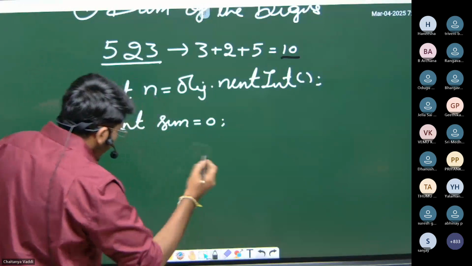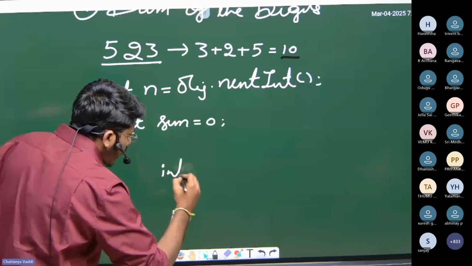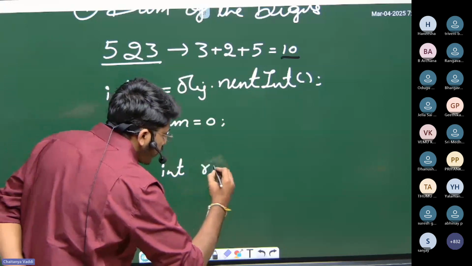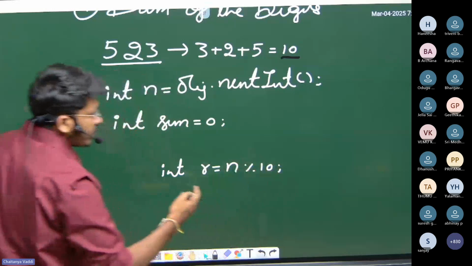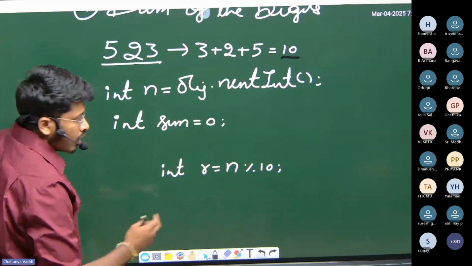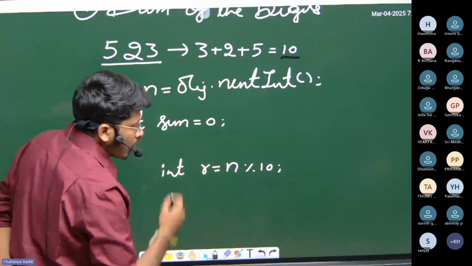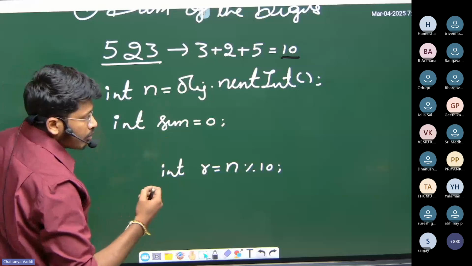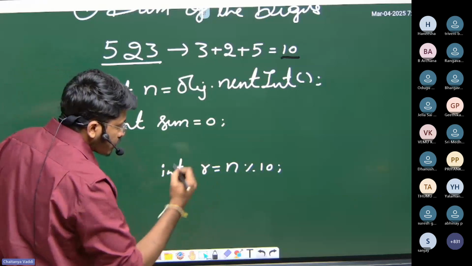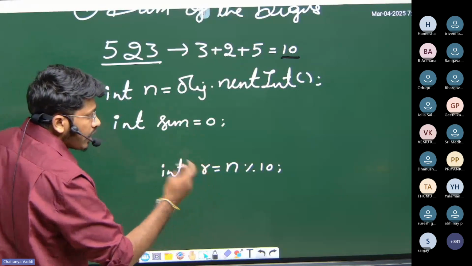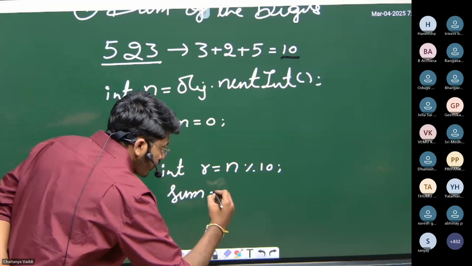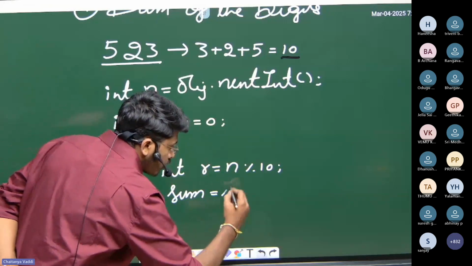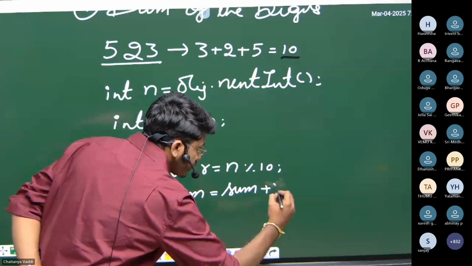Next, I'm taking the unit digit from the given number by n mod 10, like dividing the given number with 10. By using this mod operator we will get the unit digit, the remainder. So I'm storing that value in the r variable. Now I'm adding this r value to the sum variable.